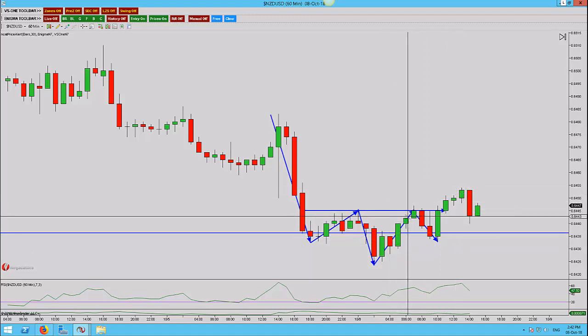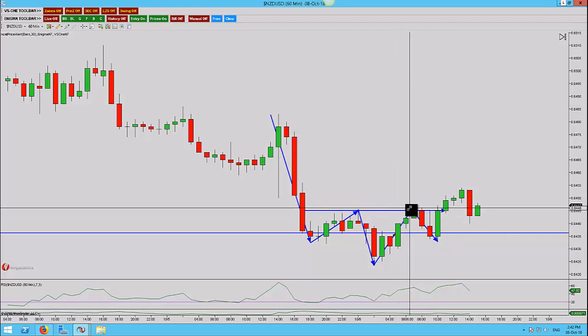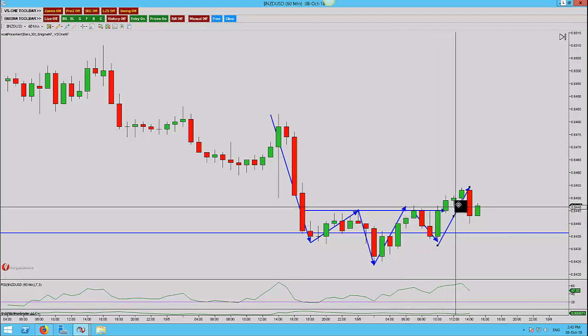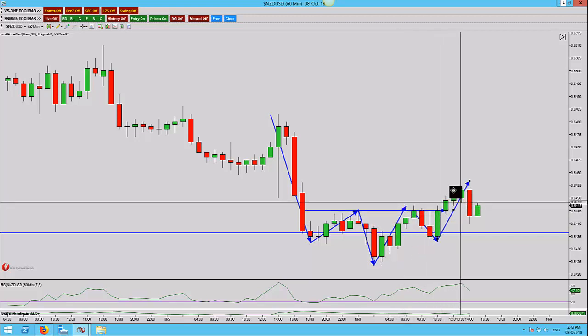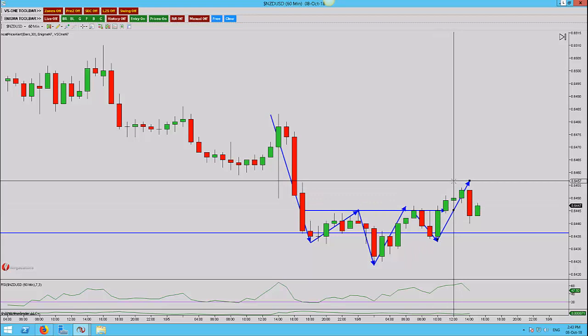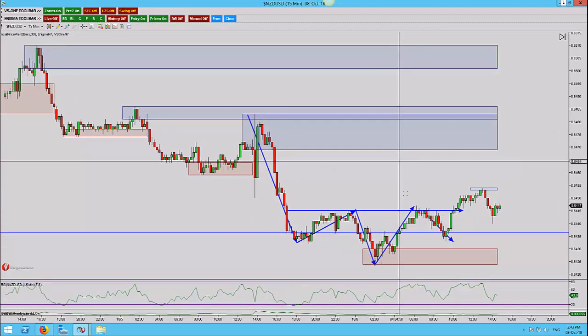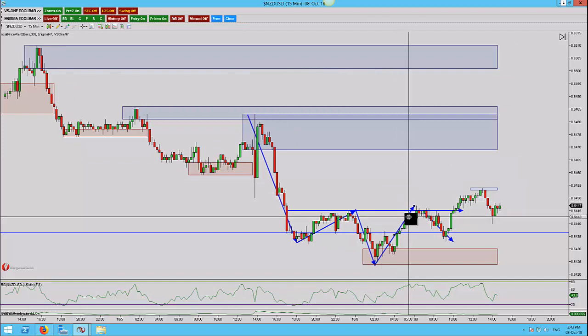Now a couple of things here is we can look for targets based on an AB equals CD pattern, and if we do this, you can see we've actually fallen short of that AB equals CD pattern. And in fact, just let me go to the 15 minute, which is where you can more easily see the head and shoulders. Let me do that AB equals CD pattern again.